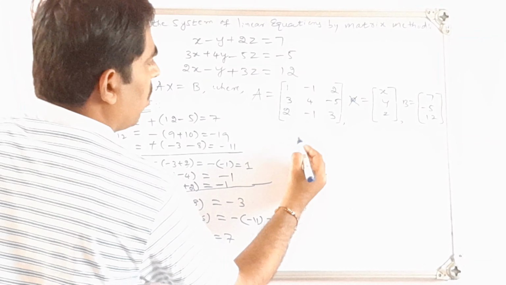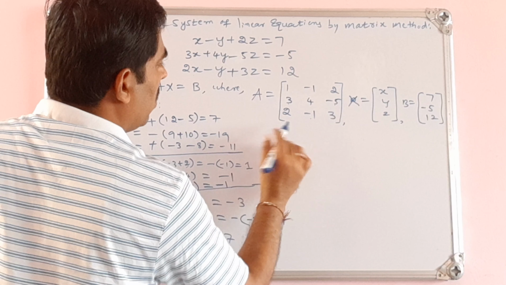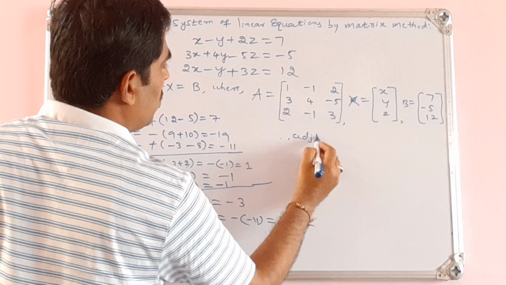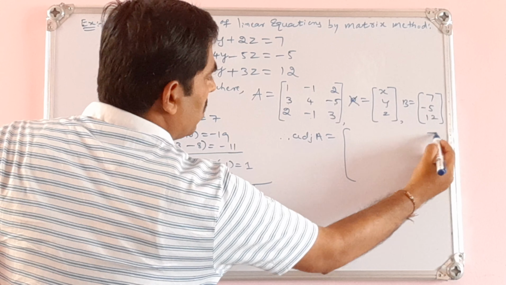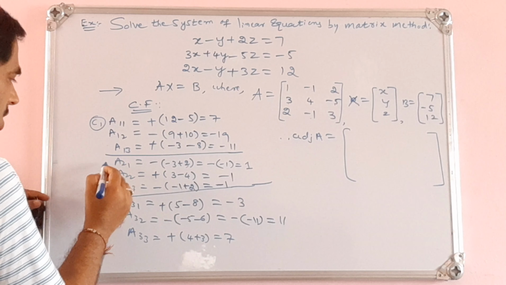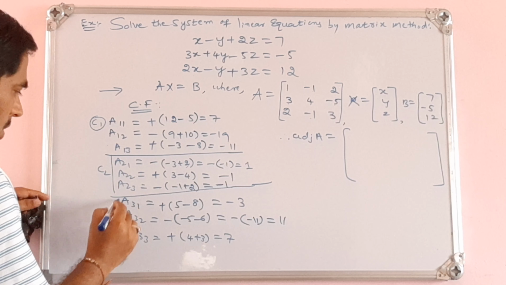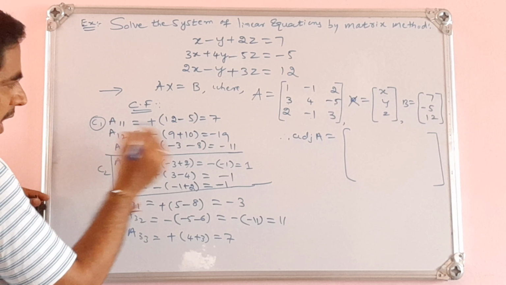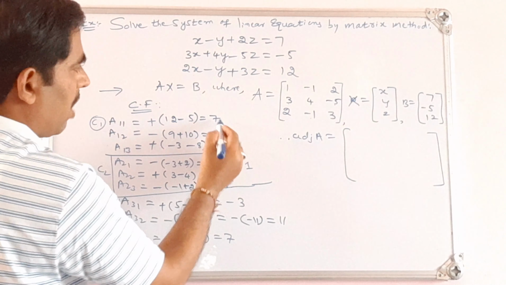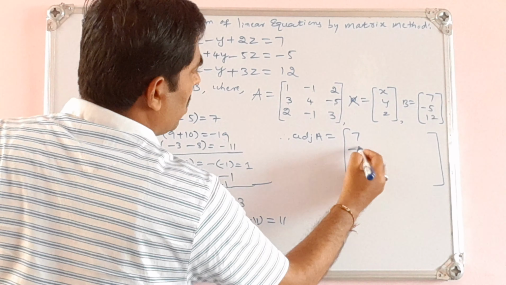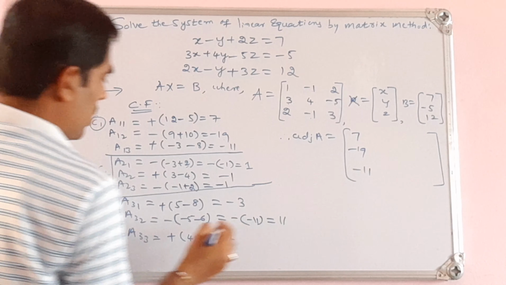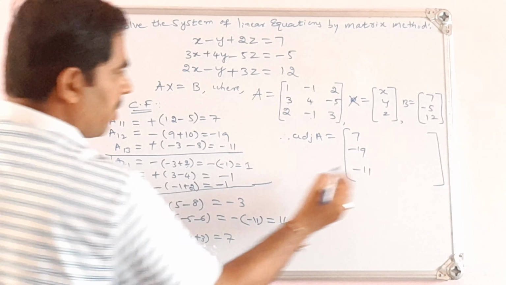Therefore, I can write this adjoint as follows; you have to be careful here. This is the first column, this is the second column, this is the third column. So I am going to write these elements in columns. First column: 7, minus 19, minus 11. Second column: 1, minus 1, minus 1.